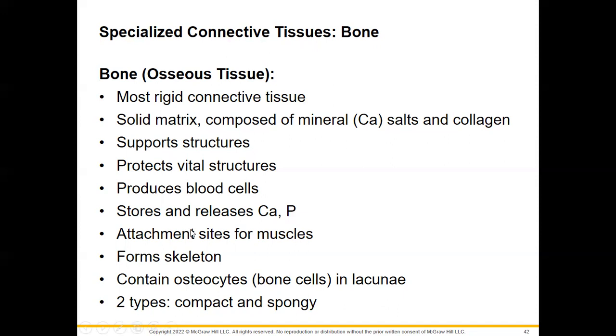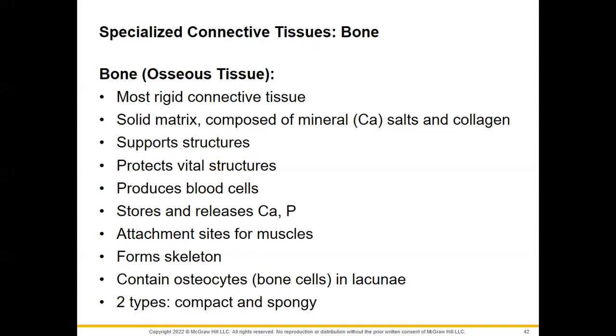Bones are used as attachment sites for your muscles. It forms your skeleton. And instead of chondrocytes, you have osteocytes. Osteo meaning bone, cyte meaning cell. So the bone is going to have osteocytes in lacunae instead of chondrocytes. Remember, chondro meant cartilage.